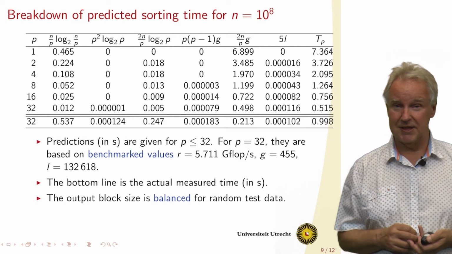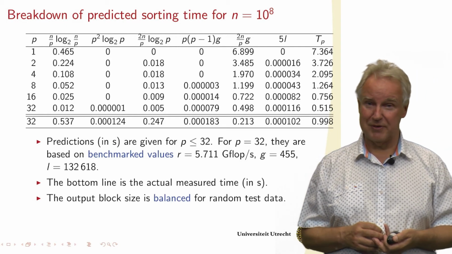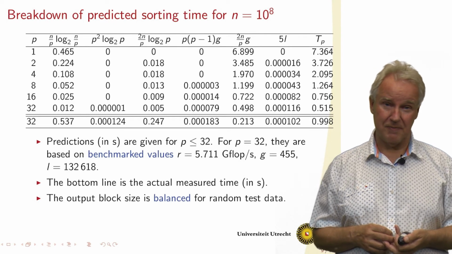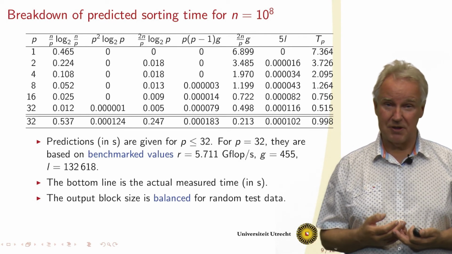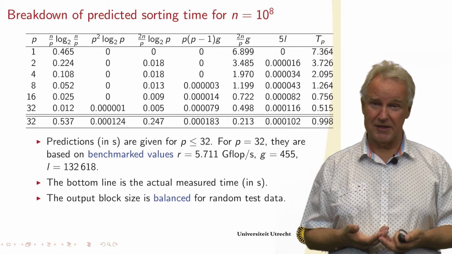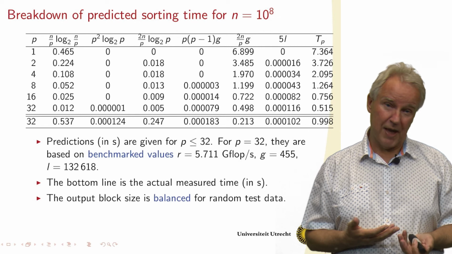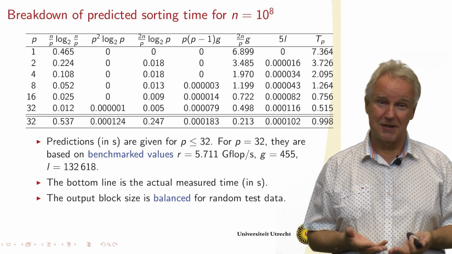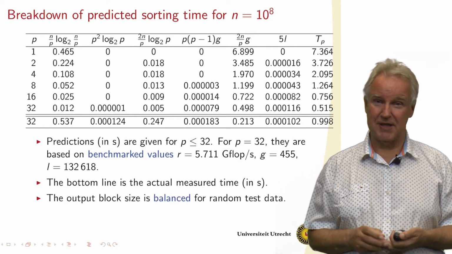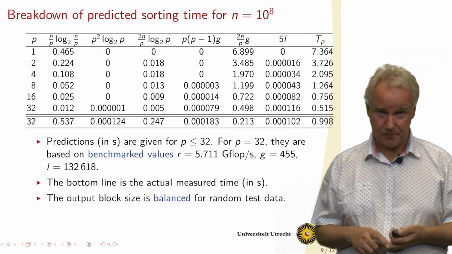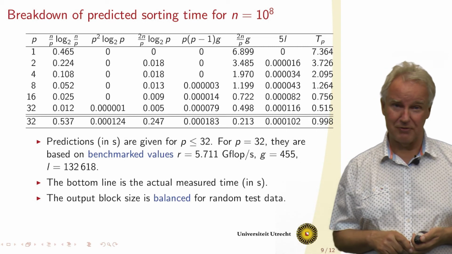We measured g, for 455, and l, it's a little bit above 100,000. So with these numbers, you can plug them into the theoretical formulas, and you get numbers which either predict very well, or sometimes they mispredict. But at least they give you some insight into the performance of the algorithm.